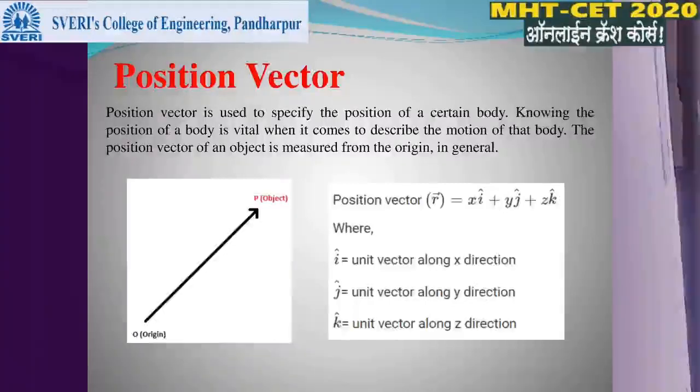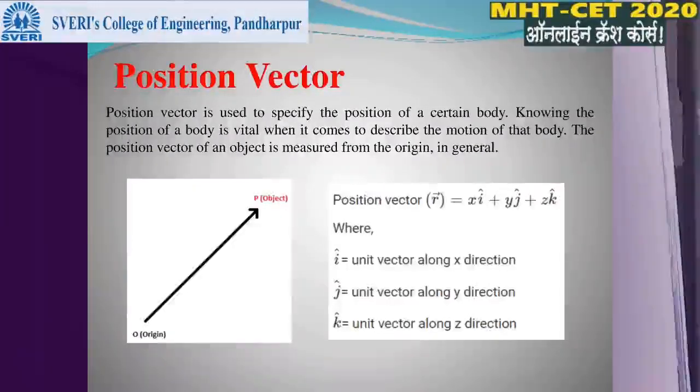Knowing the position of a body is vital when it comes to describing the motion of that body. The position vector of an object is measured from the origin in general. Here O is the origin and P is the object.